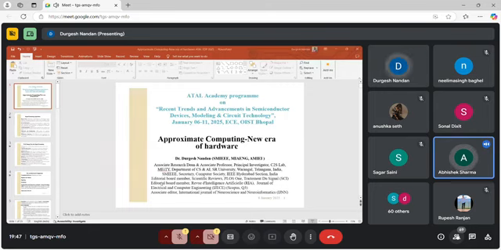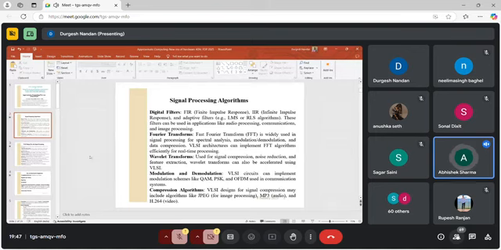Sir, I think the PPT is not moving. Is the slide pushed? I am just on the first PPT only, signal processing algorithms. Okay. Sir, can you make it full screen? Yes, already made full screen. Is it not full screen? No, sir. I think we should stop the sharing, put the PPT in slide mode, and then share it as a full screen window. Now it's in full screen mode.